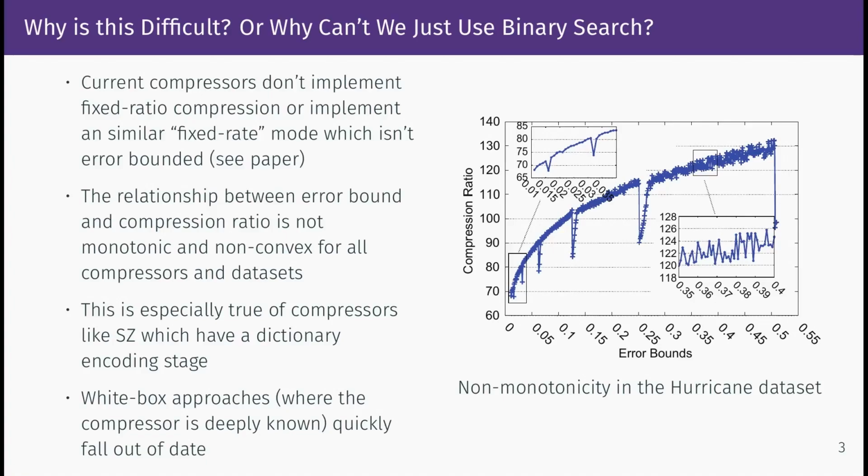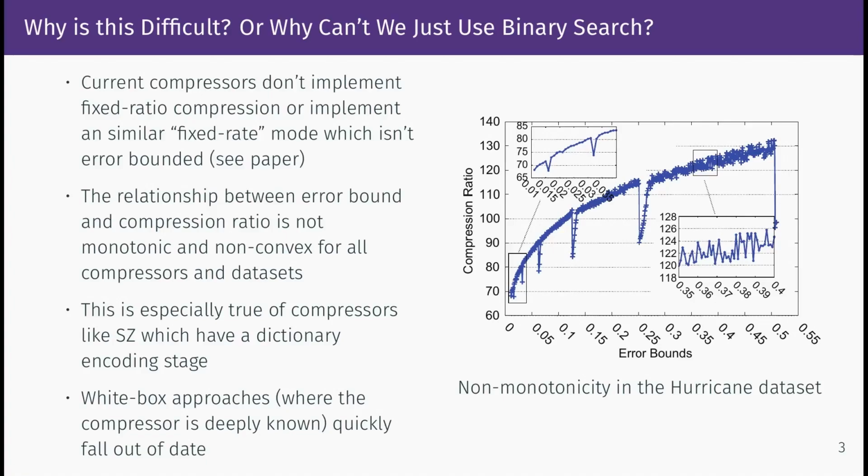So this kind of behavior is true of several compressors, but especially those like SZ, which have a dictionary encoding stage. Anything that resembles a traditional lossless compressor that does some sort of pattern recognition. So compressors that feature this kind of property can end up with these spikes in the compression ratio.